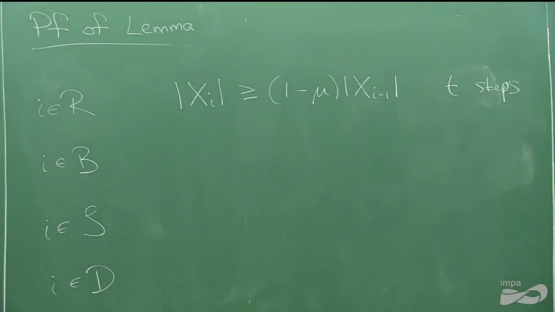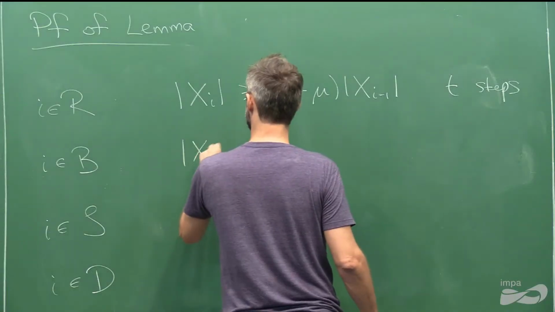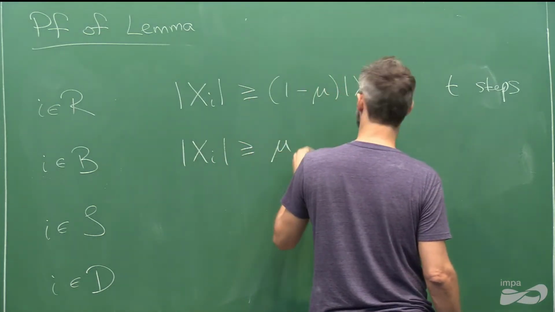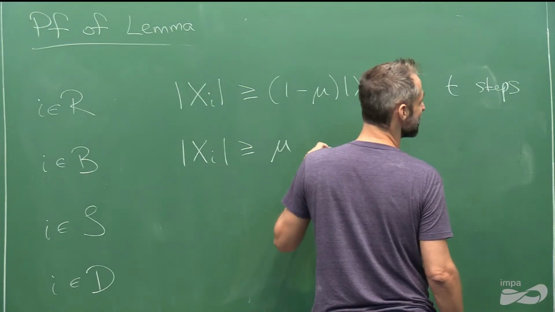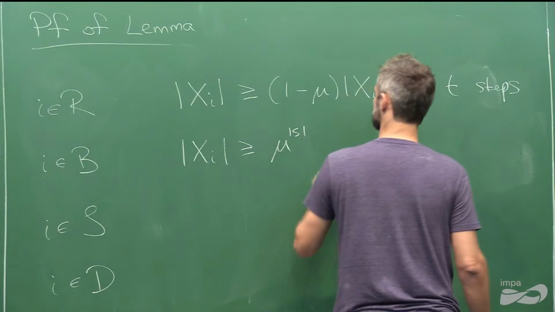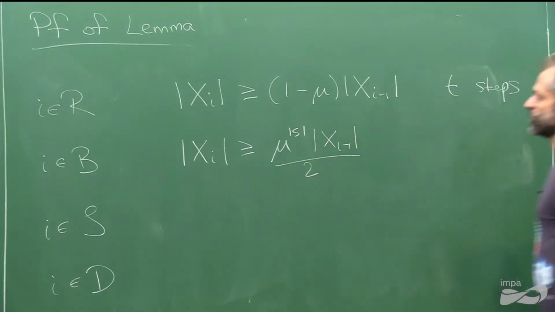Yeah, now we care about this guy. Exactly. So xi is at least mu to the size of s bit times xi minus 1 over 2.